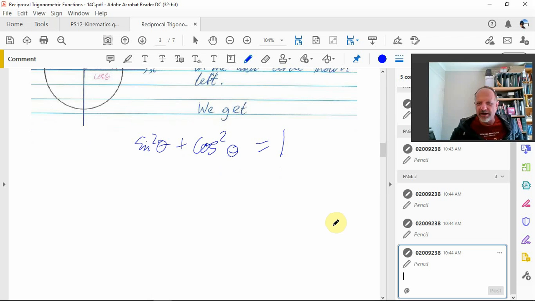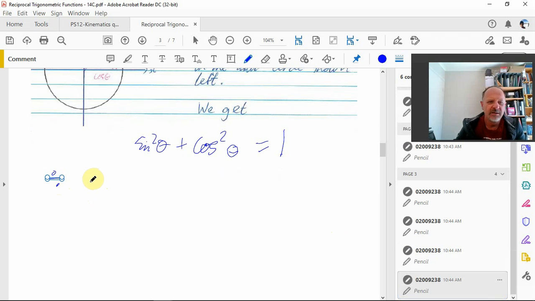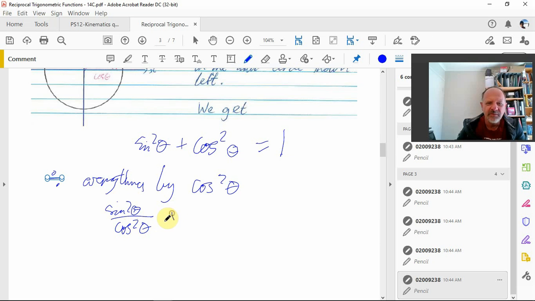So we can now rearrange that Pythagorean identity to get some other stuff. So if we then divide everything by sine squared, or cos squared. Let's go cos squared first of all. Then what we get is sine squared over cos squared plus cos squared over cos squared equals 1 over cos squared.